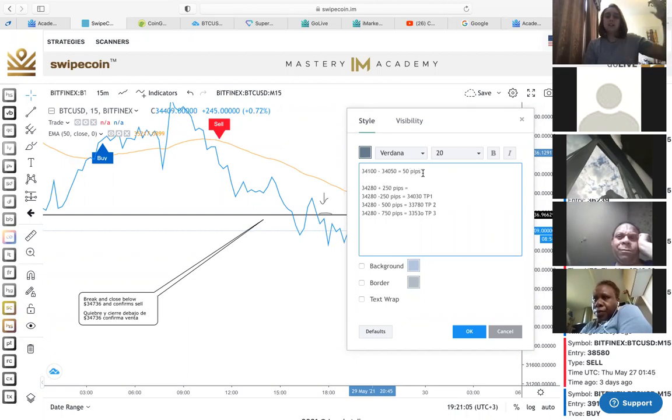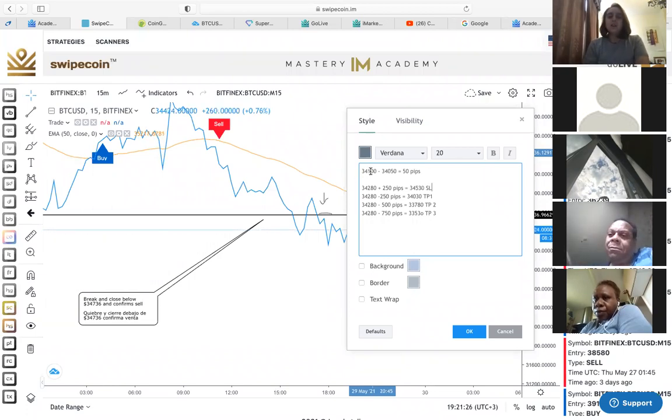Because we're selling, so the stop loss needs to be above. So my stop loss is going to be, thank you. You guys are like my calculator. I love it. I don't even have to do any calculations. My stop loss is going to be 34,530, right? 34,530 will be my SL.